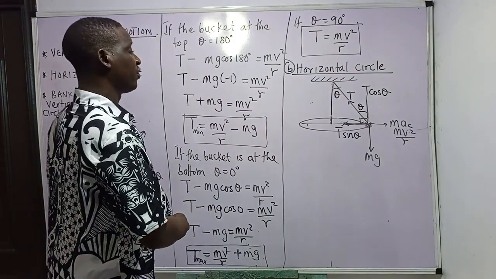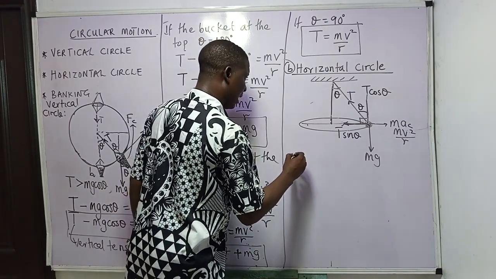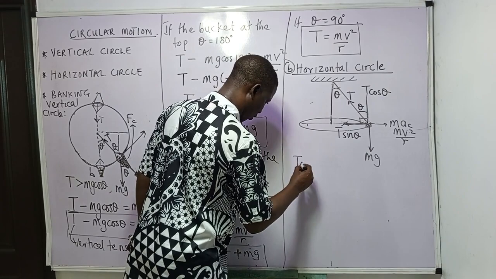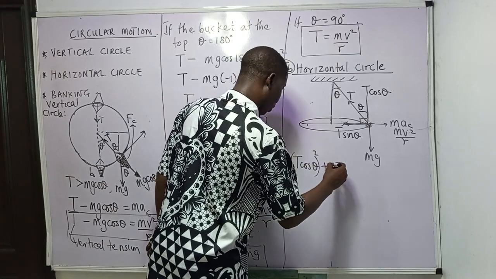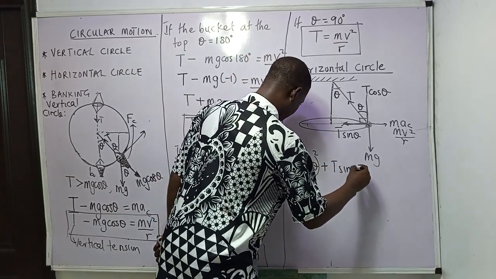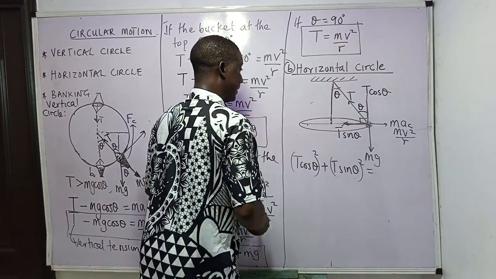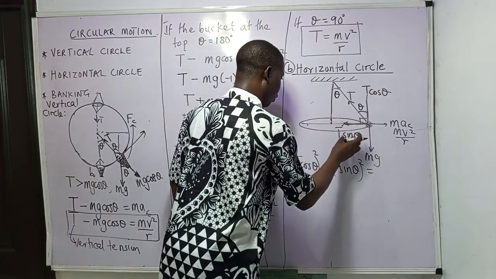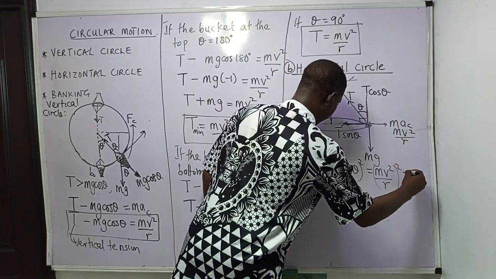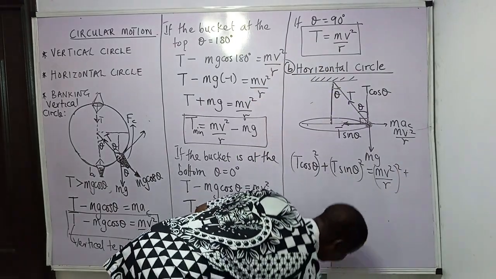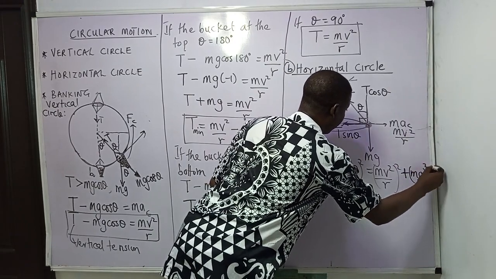Now, let us consider the vertical aspect and the horizontal aspect. You can actually write this like this: T cos theta all square plus T sin theta all square is equal to, that means I want to form identity, take square of this one plus square of this one, which is now mv square over r all square plus mg all square.